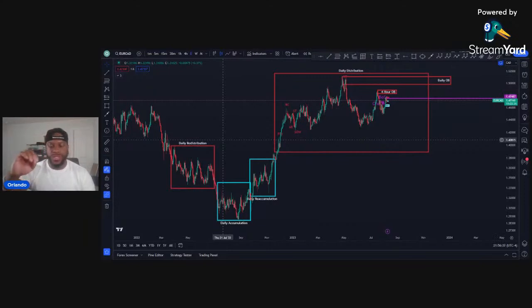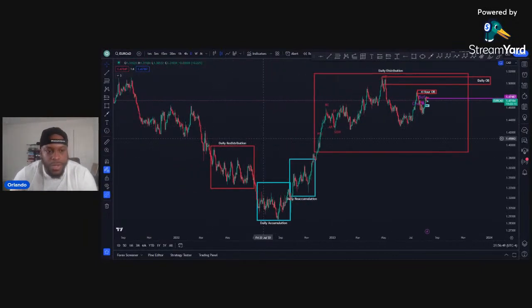Then it distributes, market goes down, then it redistributes, then market goes down. Then the market price cycle starts all over again with those four market price cycles in order. It doesn't go in any other order. So you have accumulation, reaccumulation, distribution, redistribution. Accumulation, reaccumulation, distribution, redistribution. Okay?